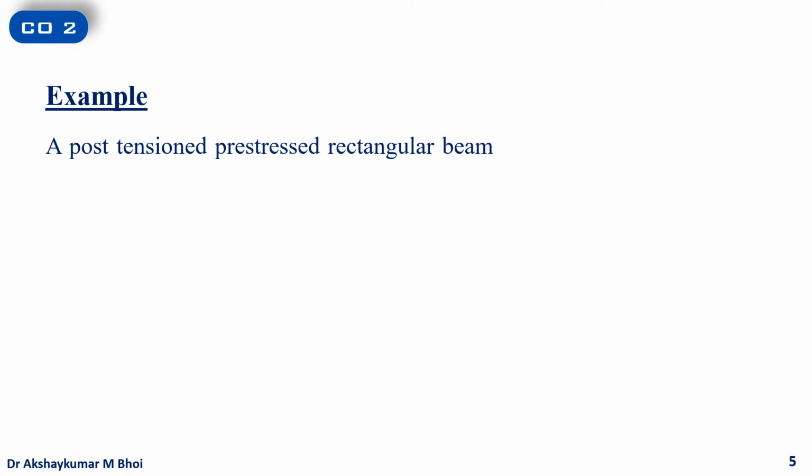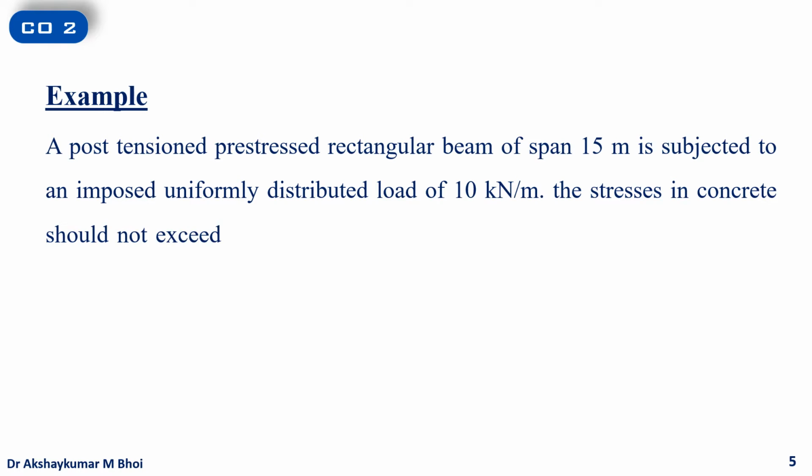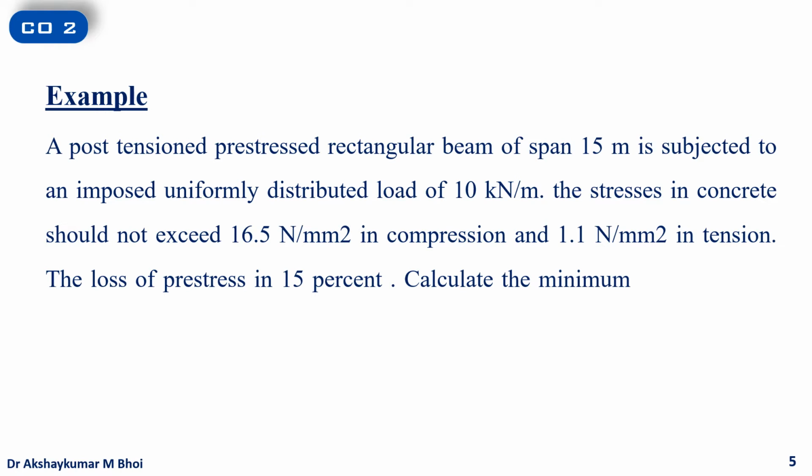A post-tensioned prestressed rectangular beam of span 15 meter is subjected to an imposed uniformly distributed load of 10 kilonewton per meter. The stresses in the concrete should not exceed 16.5 Newton per mm square in compression and 1.1 Newton per mm square in tension.